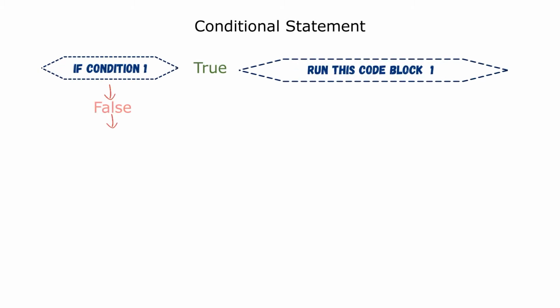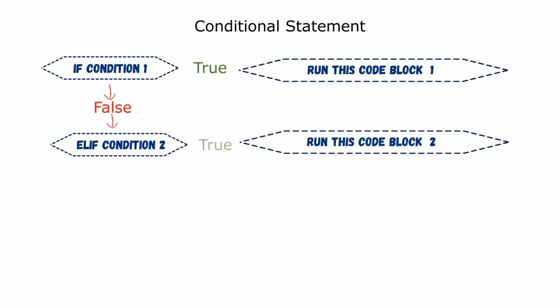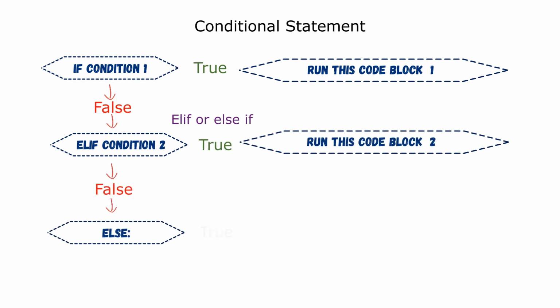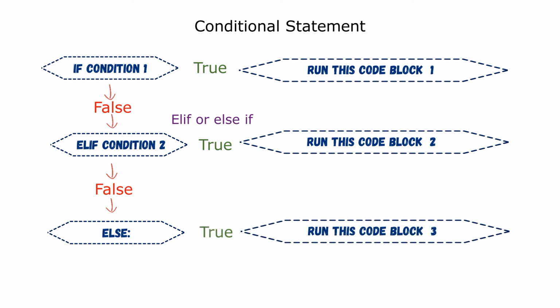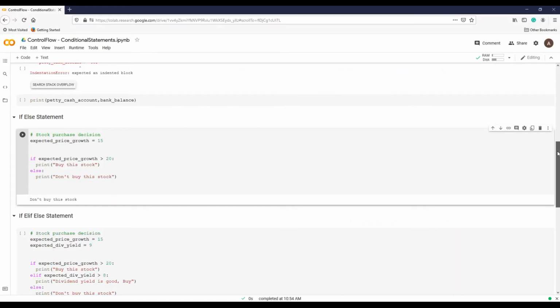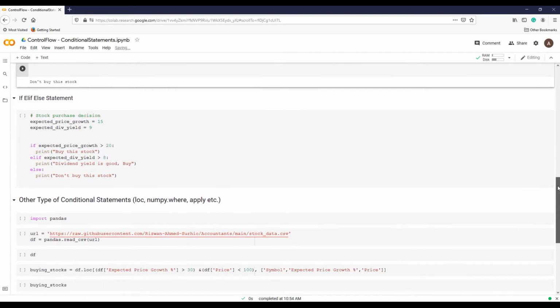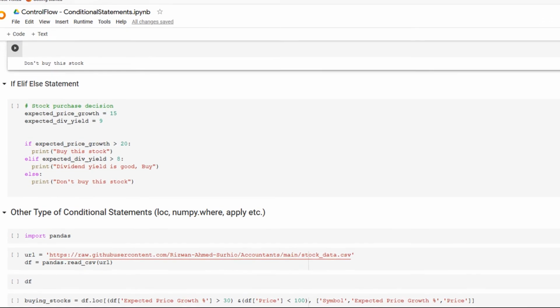Sometimes you have more than one if condition to check before you go to the else block. In these cases, we can use elif, short for else if. Like if, elif requires a conditional statement. Let's say what to do if the stock in question does not offer our desired expected growth.